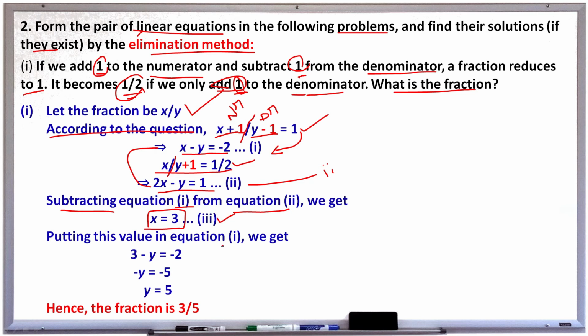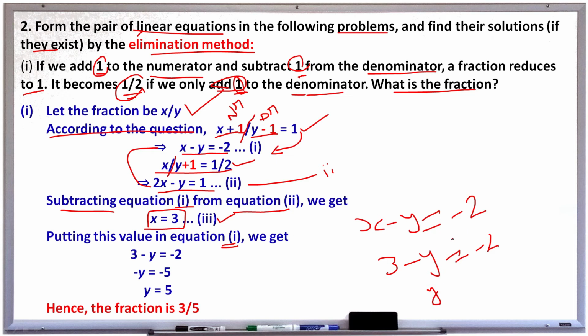Putting this value in equation number 1: x minus y is equal to minus 2. In this equation, put x is equal to 3. So 3 minus y is equal to minus 2. I want y only.